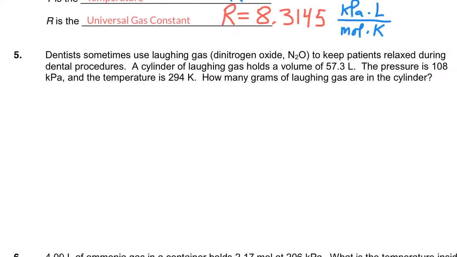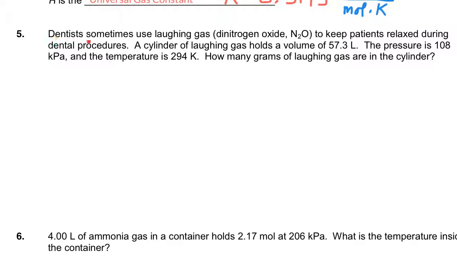Let's do an example. Dentists sometimes use laughing gas, which is just dinitrogen oxide, to keep patients relaxed during dental procedures. A cylinder of laughing gas holds a volume of 57.3 liters. The pressure is 108 kilopascals, and the temperature is 294 Kelvin.